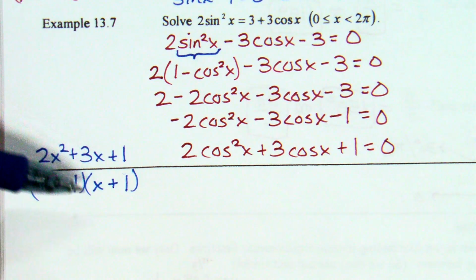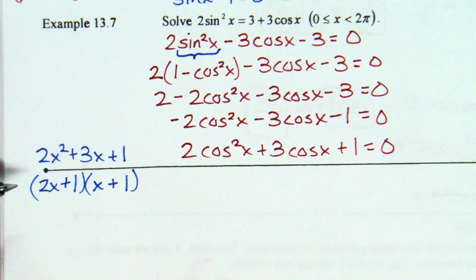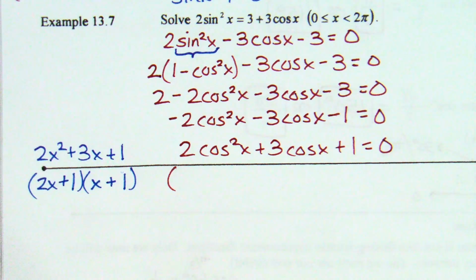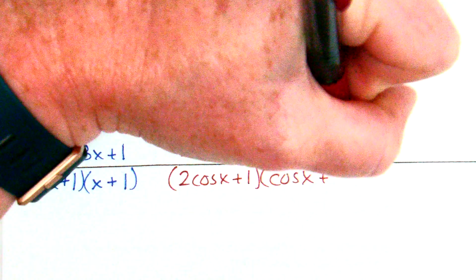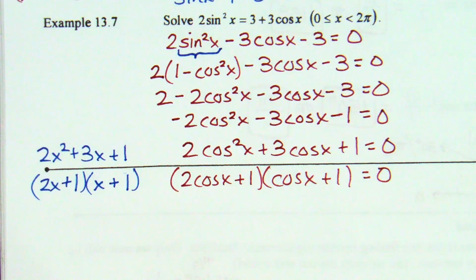Okay, so the only difference is now instead of x's, I'm going to write cosine x. So 2 cosine x plus 1 times cosine x plus 1, and set each part equal to 0.